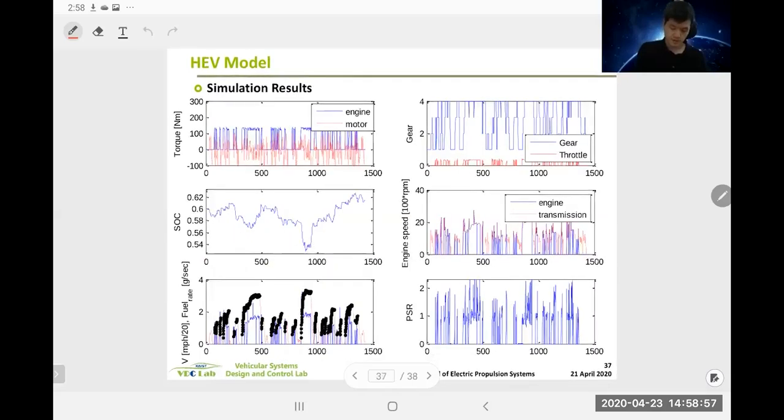And these are the simulation results. Have you guys played with the Matlab Simulink file package? If you run it, you should be able to see these plots.